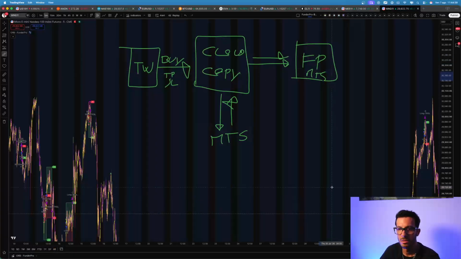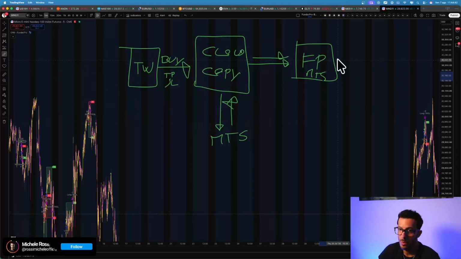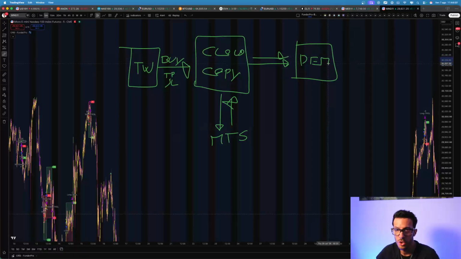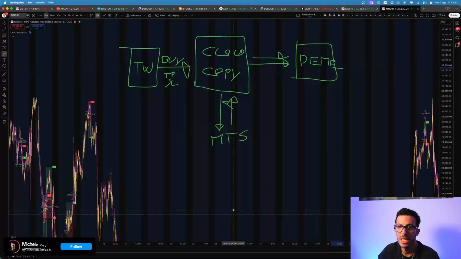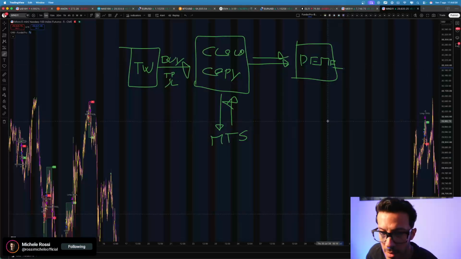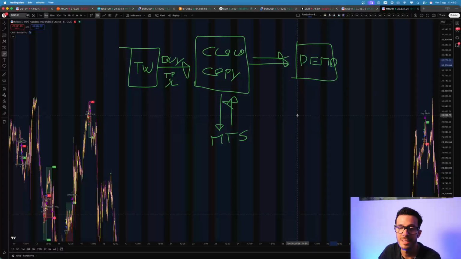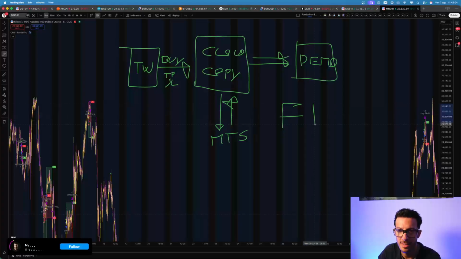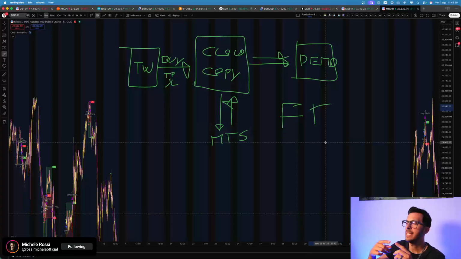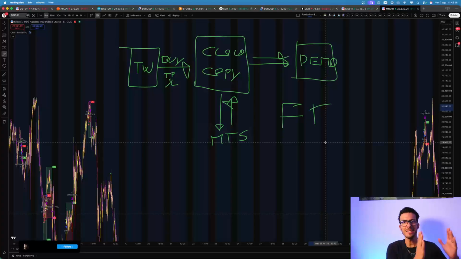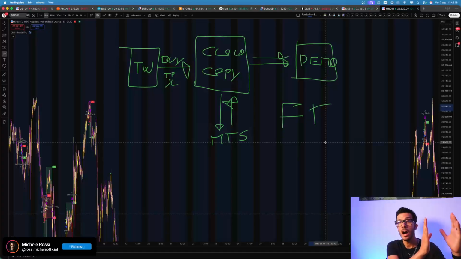We want to test this first on a demo account for two reasons. One, we want to be sure the connection works as we intended. And the second is we want to forward test. That means we want to run the strategy for, let's say, one week or a couple of weeks, and see that the results align with our backtest.